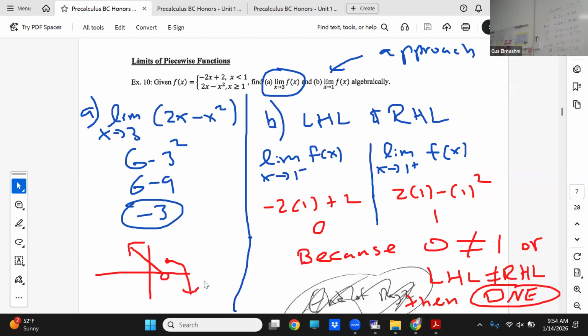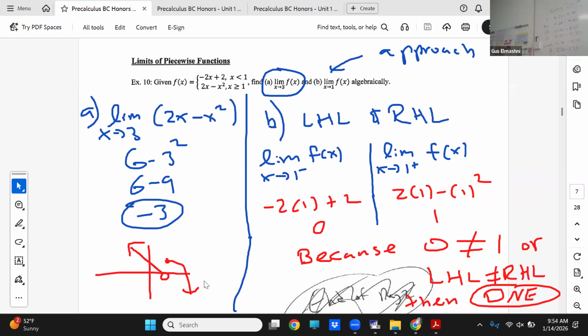You're not dealing with this nonsense. But for B, we are dealing with this nonsense. You have to look at it like, well, they don't link up, so the limit doesn't exist, and you have to look at it from both sides. You always look at both sides for all limits, but some are so simple, like part A. I could look at both sides, but that's redundant.